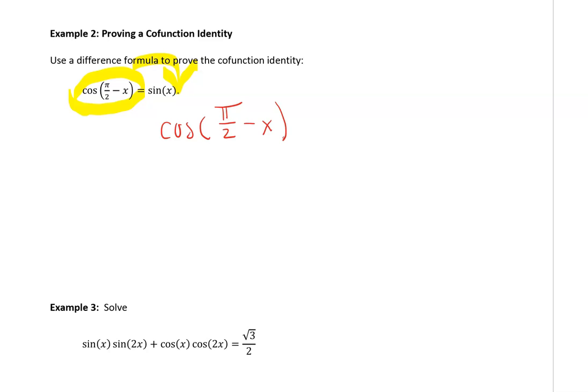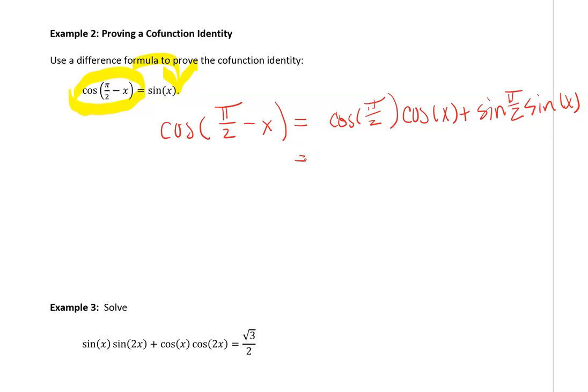So I'm going to use my difference formula. That's my alpha and my beta, so going back up to that formula, this gives me cosine of pi over 2 times cosine of x plus sine of pi over 2 times sine of x.